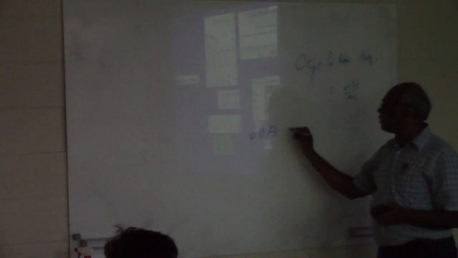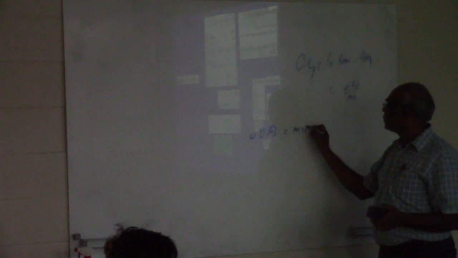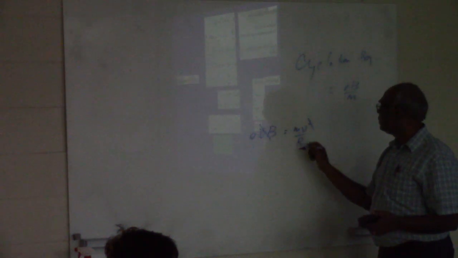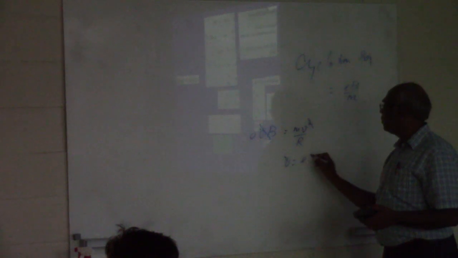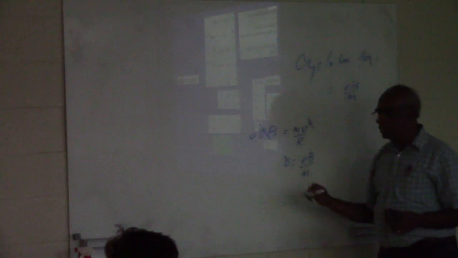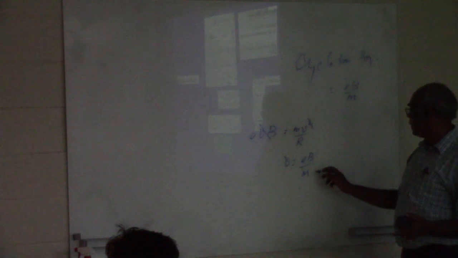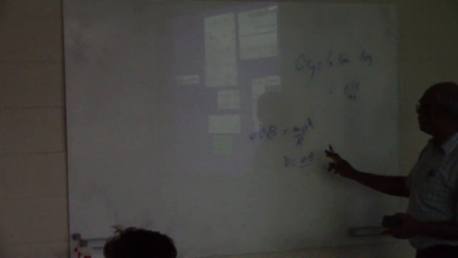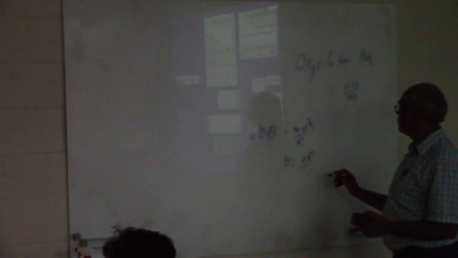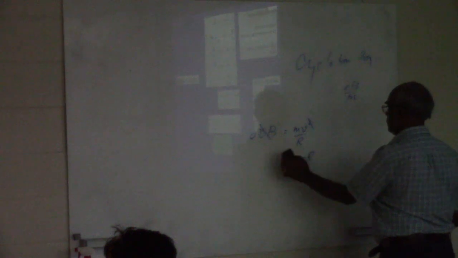A cyclotron orbit means it's going in a circle, so you have centripetal force given by mass times v squared over R. From here you can calculate v as eBR over m.